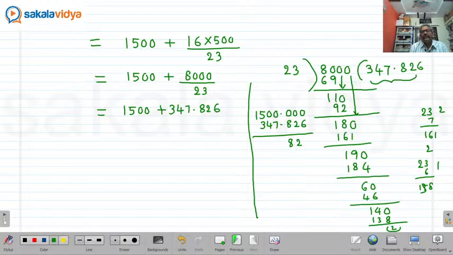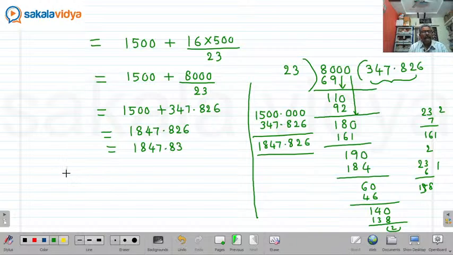You get 1847.826 is the mode. We can round up to one decimal point, approximately equal to 1847.83.